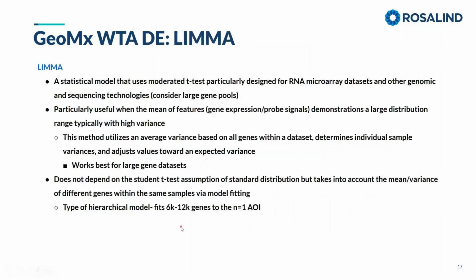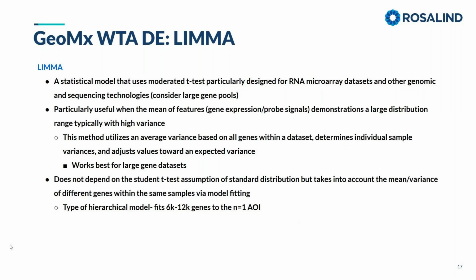So instead, let's talk about something like LEMMA. This is a moderated t-test that was designed for RNA microarray datasets and other genomic and sequencing technologies. So consider something like very large gene pools. This is particularly useful if the mean of your features, so that's gene expression over probe signals.